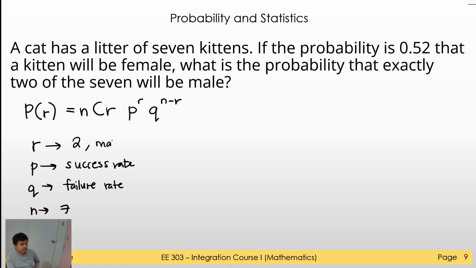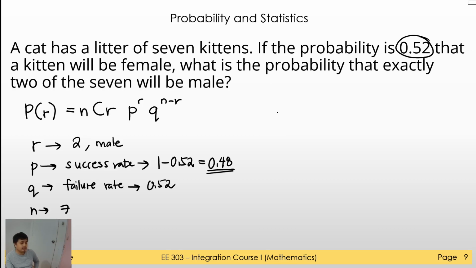Take note that the success is that it will be male. Since the given probability is that it will be female, 0.52, the success rate that it will be male is the difference from 1, so 0.48. The failure rate will be 0.52.